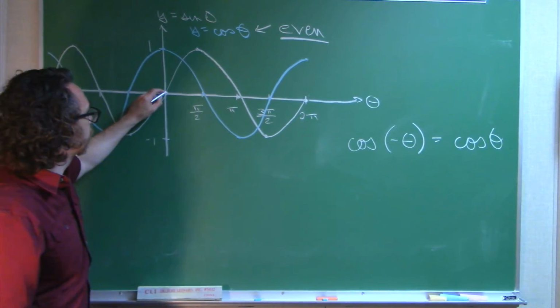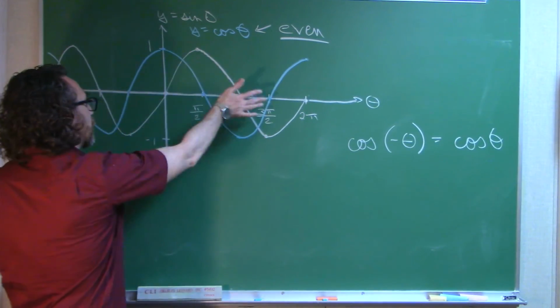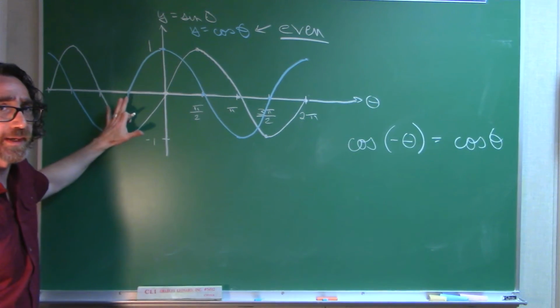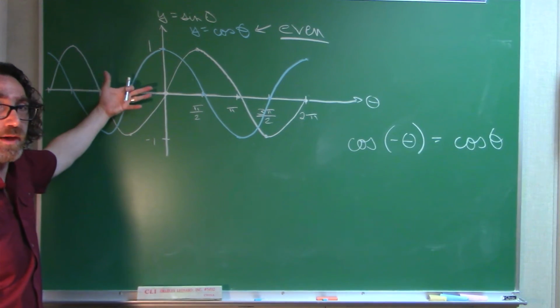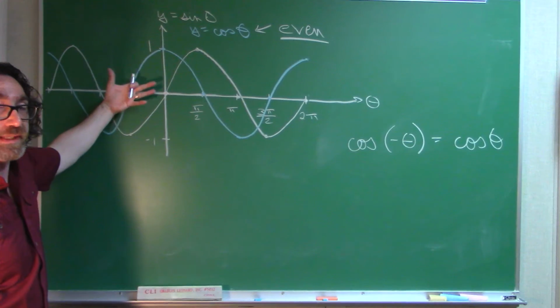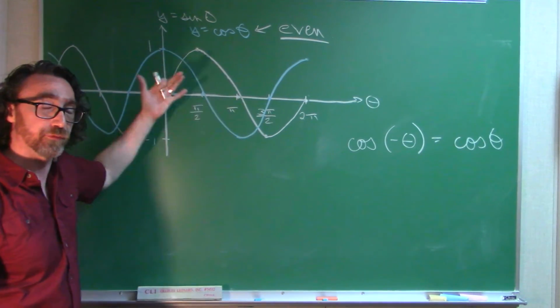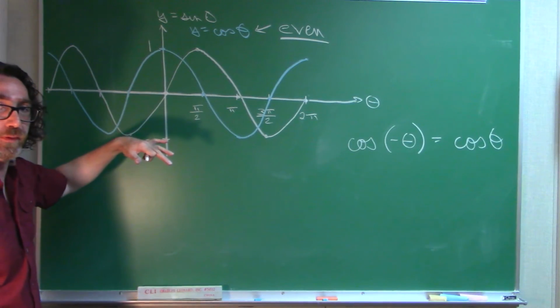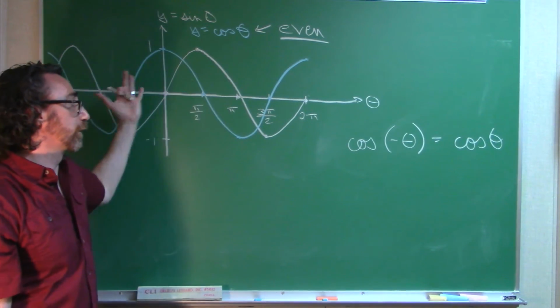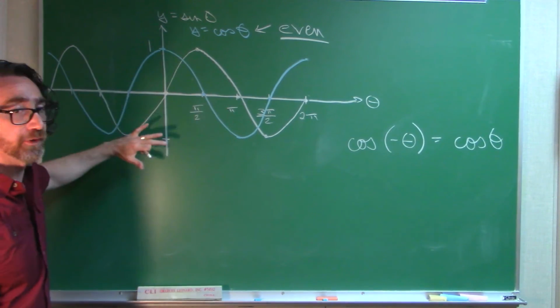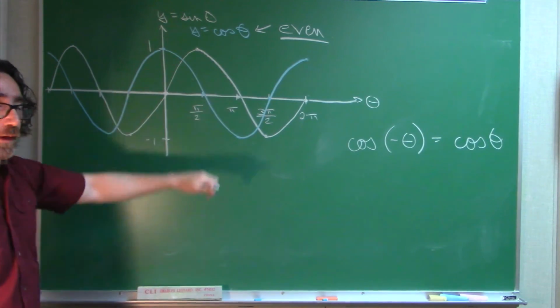However, if you look at the sine function, you'll see it's not quite a mirror image. This part is upside down. In other words, the y values have the opposite sign that they did over there. They're flipped. It's a reflection. So if you look at the left side, it's an upside down copy of the right side.